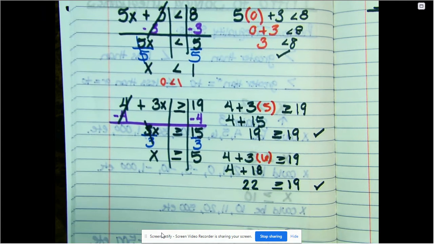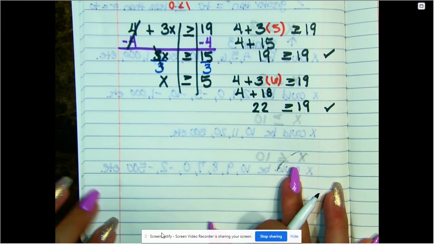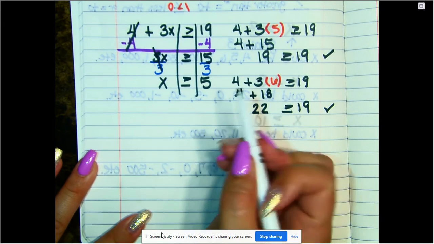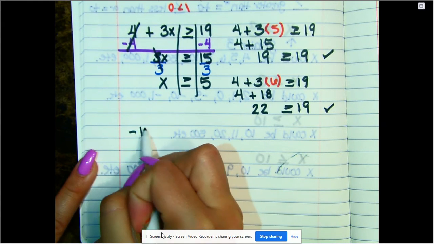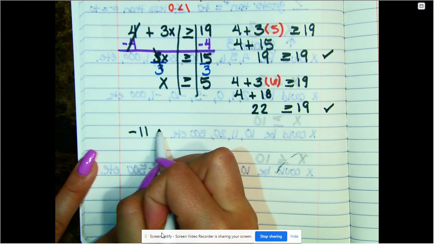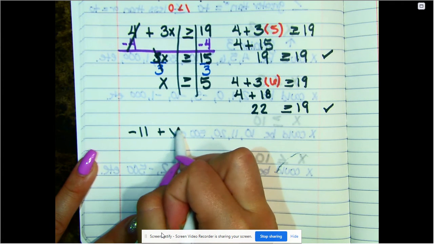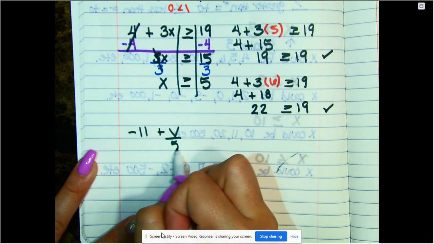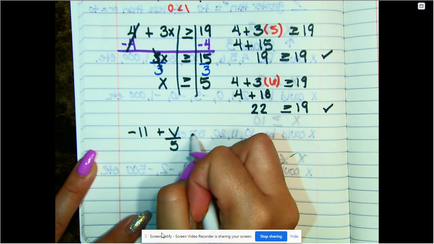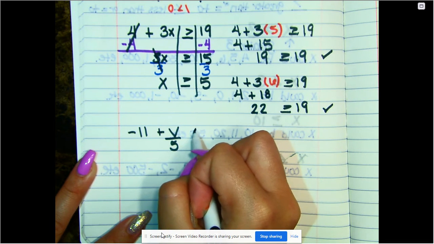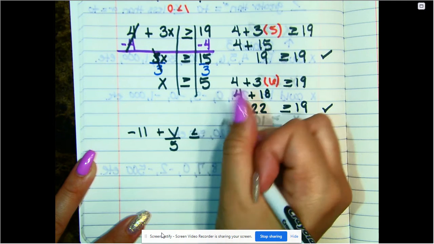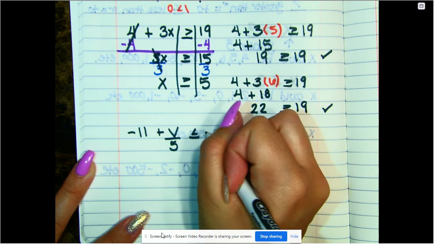Okay, and we have room for one more at the bottom. Let's do negative 11 plus v divided by 5 is less than or equal to negative 7.